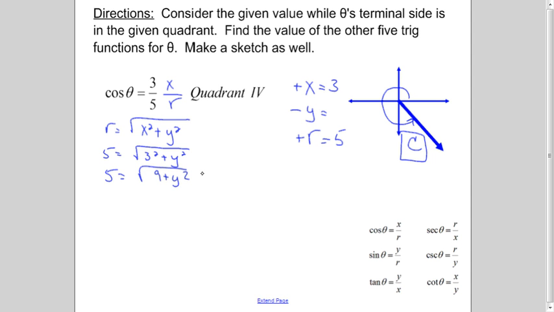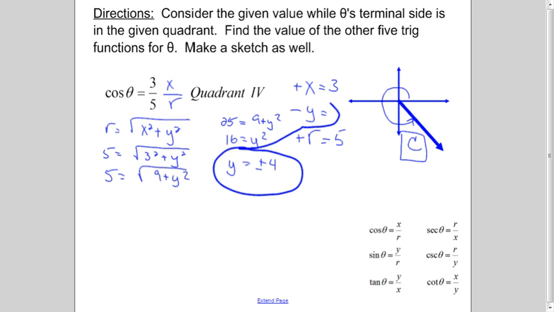Now I will square both sides. 25 equals 9 plus Y squared. Subtracting, I get 16 equals Y squared. Then Y is equal to plus or minus 4. But you've already established that although Y is plus or minus 4, in the fourth quadrant Y has to be negative. Therefore, Y equals negative 4.